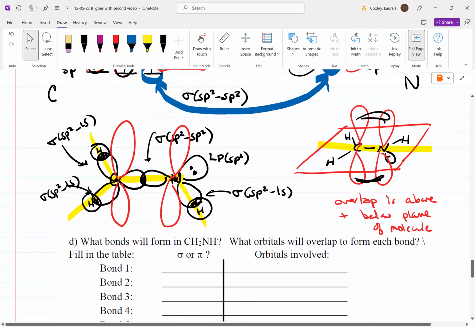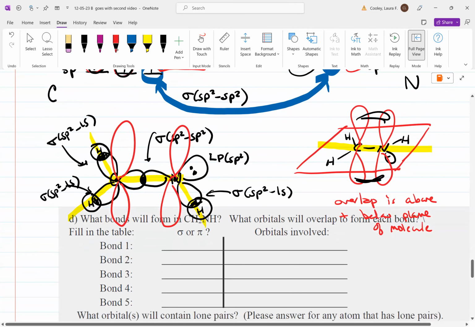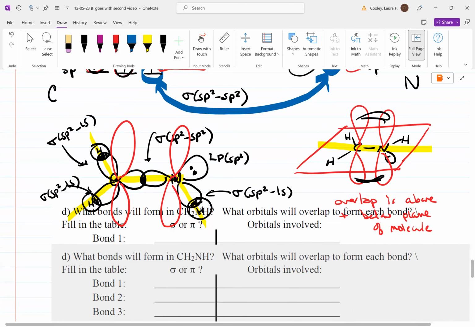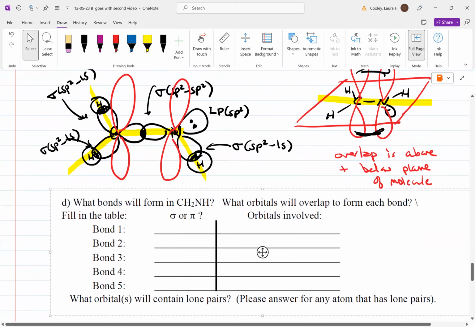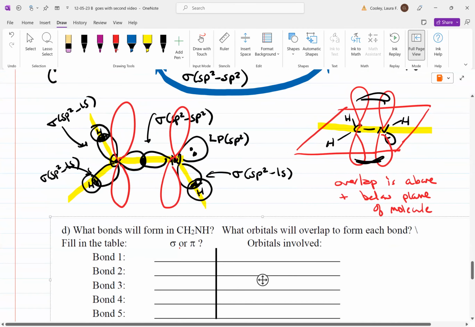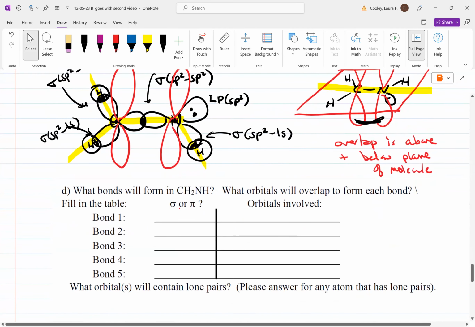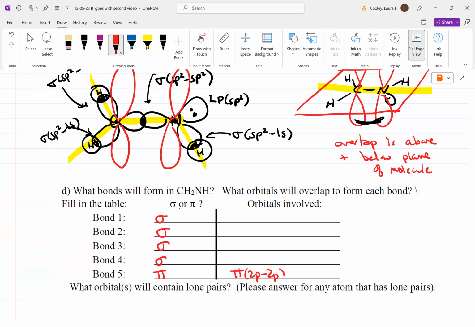So just going over our bonds again. Okay, we had mostly sigma bonds. We just had one pi bond. That was between the carbon and the nitrogen.